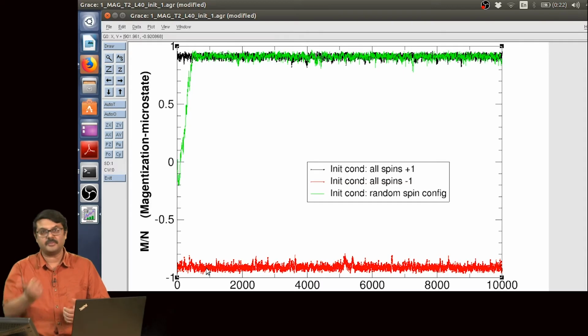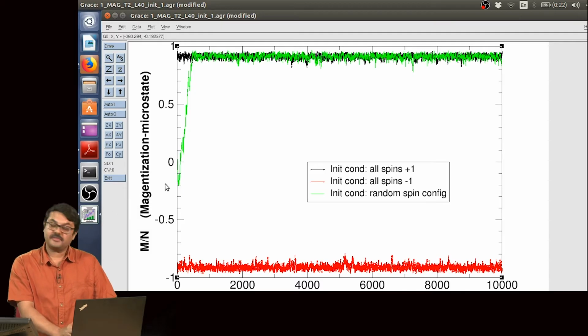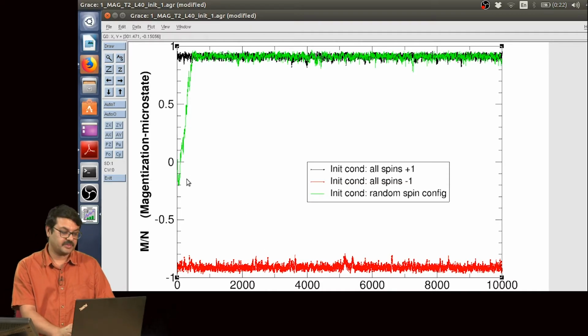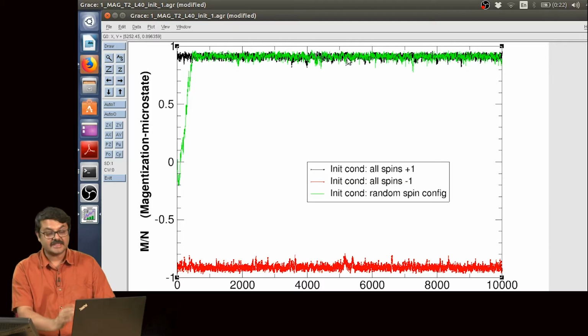There is this up-down symmetry in the system. So, it is equally possible that even when you start from the random initial condition, this data could have gone to -0.9, which would be, in terms of equilibrium thermodynamic state, equivalent, but the choice of random numbers was such that it went to +0.9 and started fluctuating, and you see that it is, statistically, exactly on top of this data.